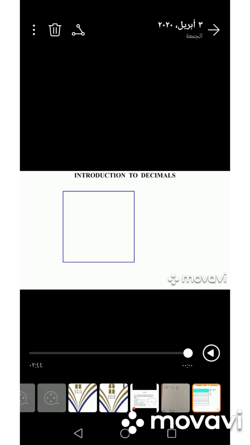If we have one whole, like in this figure, and we divide this one whole into tenths, or 10 parts, like this figure. So now we have 10 parts.